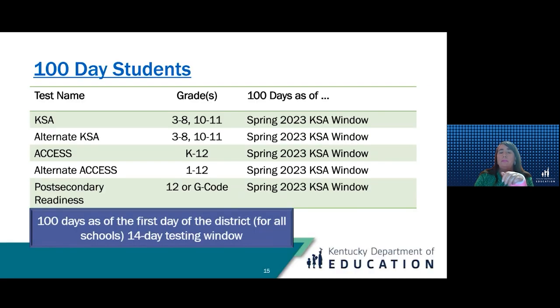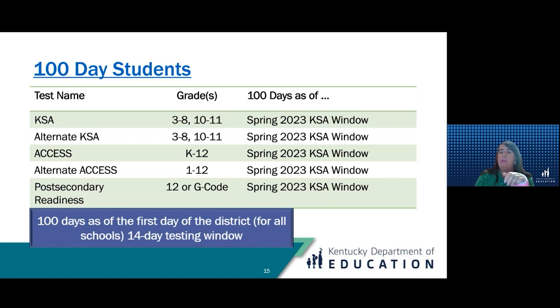Now, let's talk about what we're going to be doing in the spring with SDRR. We've already talked about what we're doing now in SDRR, and now we're going to move to our spring, getting into our 100-day students. It's always very important that for your 100-day students, you go in and make sure your calendars are correct in Infinite Campus before we open anything for spring.